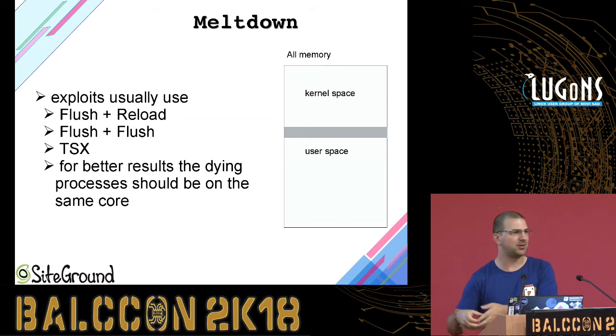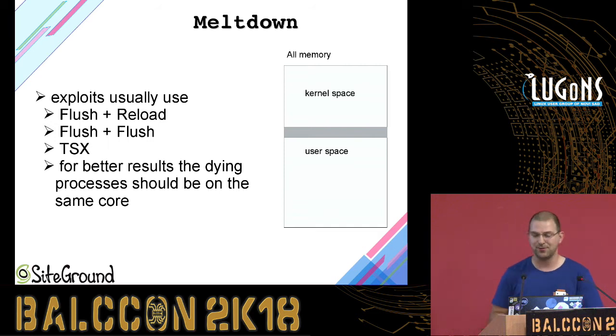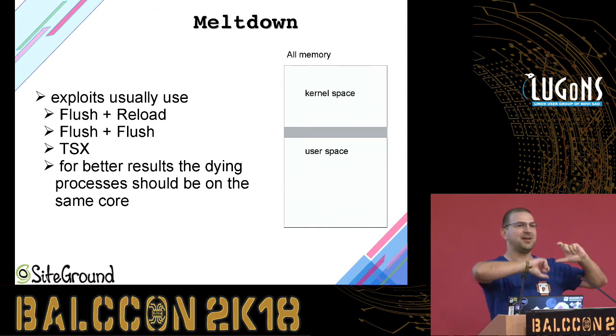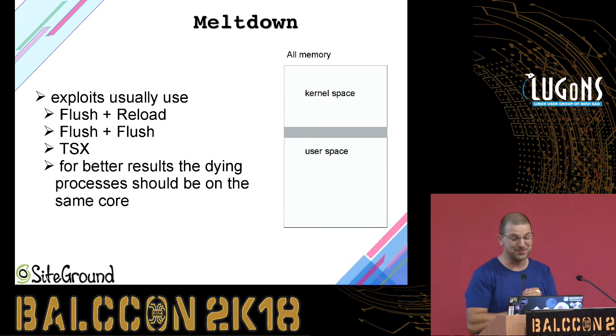It will die with segmentation fault because it tries to access memory that it should not access in first place, and the kernel stops it with the segmentation fault error. However, the CPU already got your data in the cache, and the parent process simply checks this cache info and gets the data. It's a very nice attack, and it's pretty genius and nice and simple.